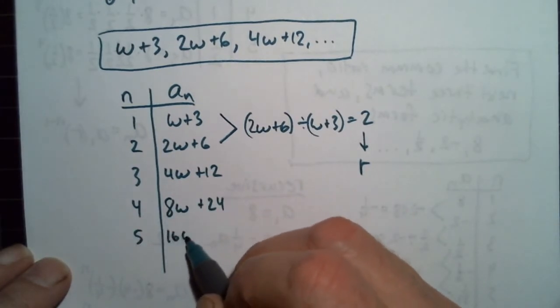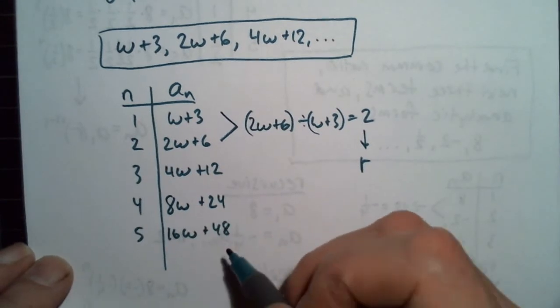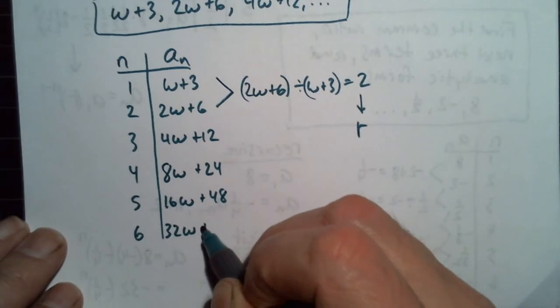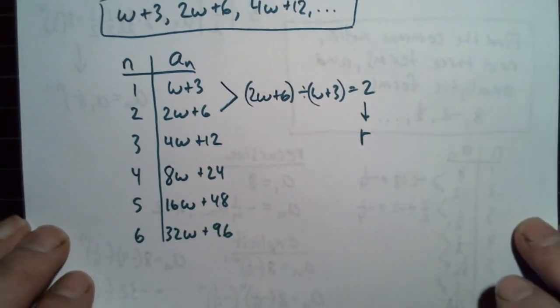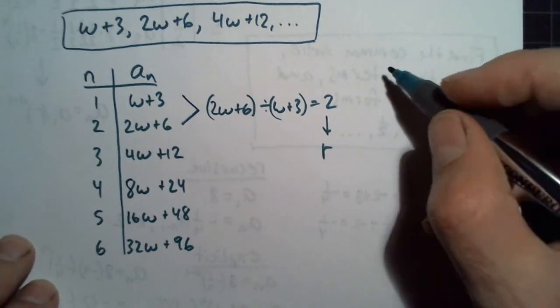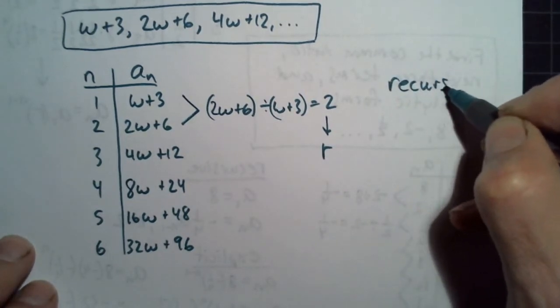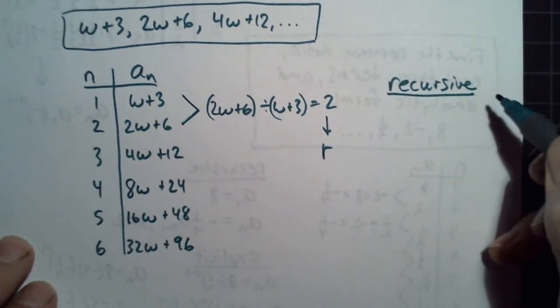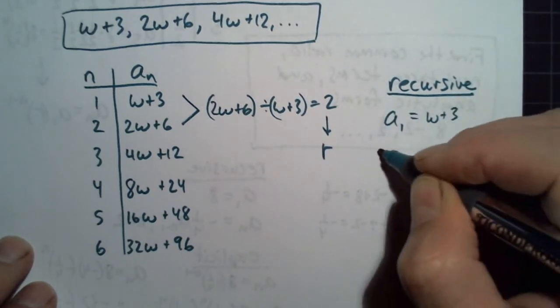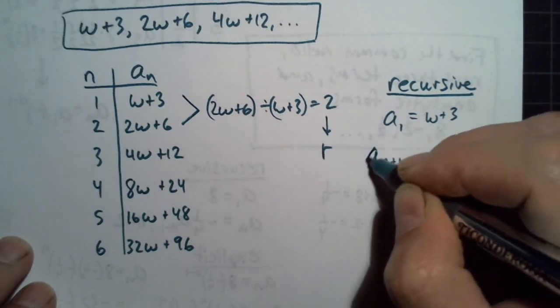Times 2. The recursive formula is the first term. Oops, not like that.